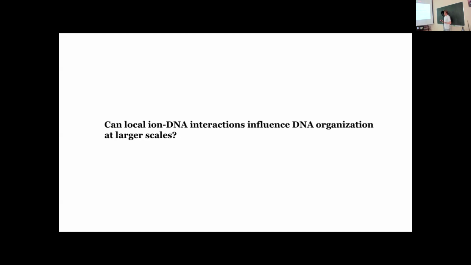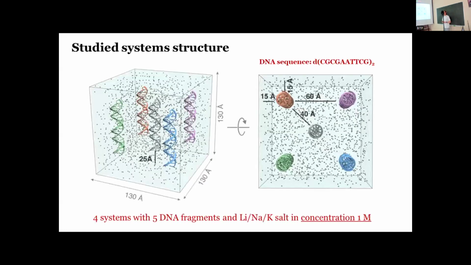So, inspired by the strong binding affinity of lithium ions to phosphate groups of DNA, we performed atomistic molecular dynamics simulations for 4 different systems. Each system consists of 5 fragments of DNA with the same nucleotide sequence shown here. These 5 molecules were immersed in a water box, and salt at a concentration of 1 mole was added.